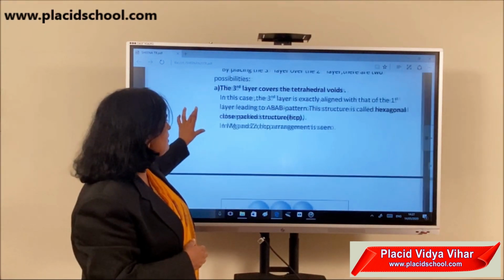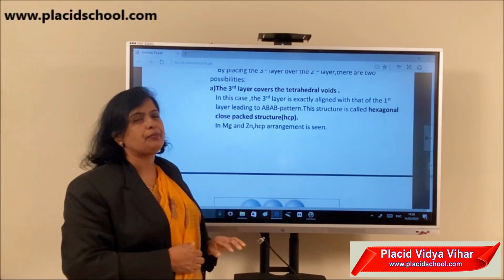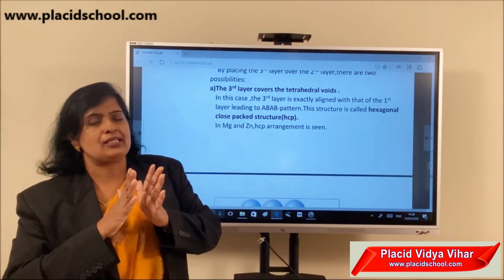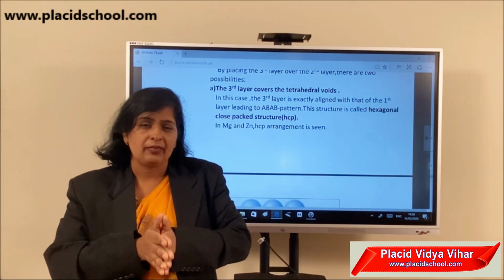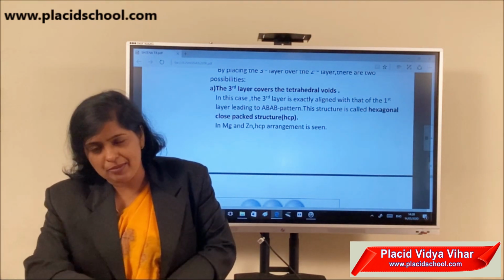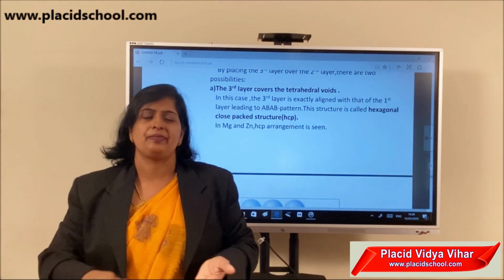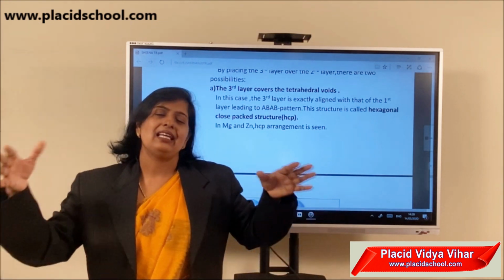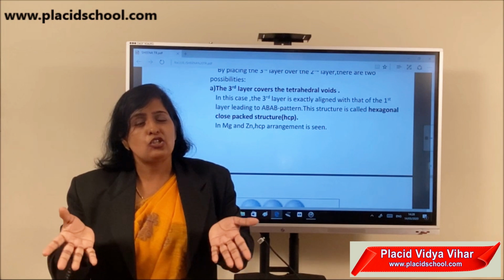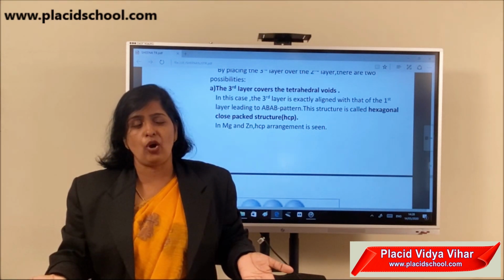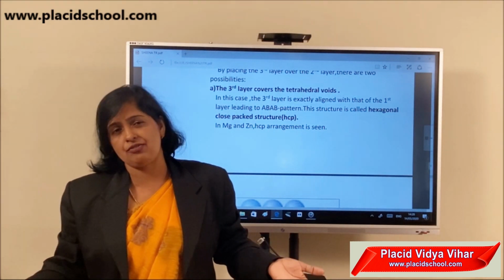Hexagonal close packed structure. So again I will tell you, when we try to prepare a three-dimensional structure, keep a two-dimensional layer as the first layer, then keep a second layer on the depressions of the first layer, then two types of voids will be formed, tetrahedral voids and octahedral voids.